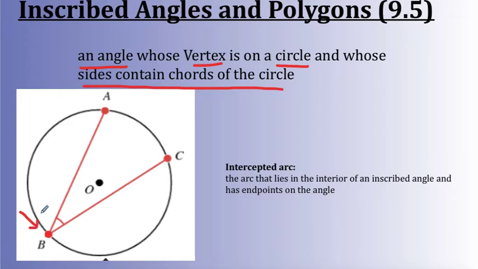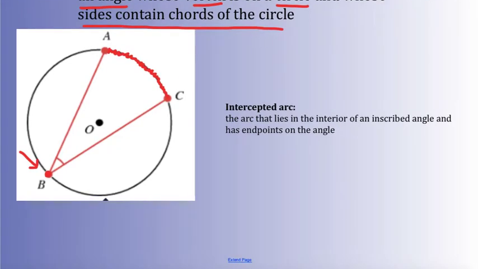It's different than the central angle, though, okay? All right, and again, this is an arc, the intercepted arc, and it's the arc that lies in the interior of the inscribed angle.